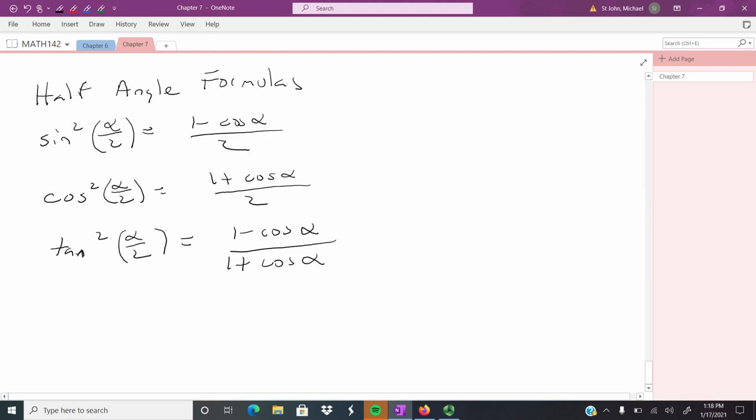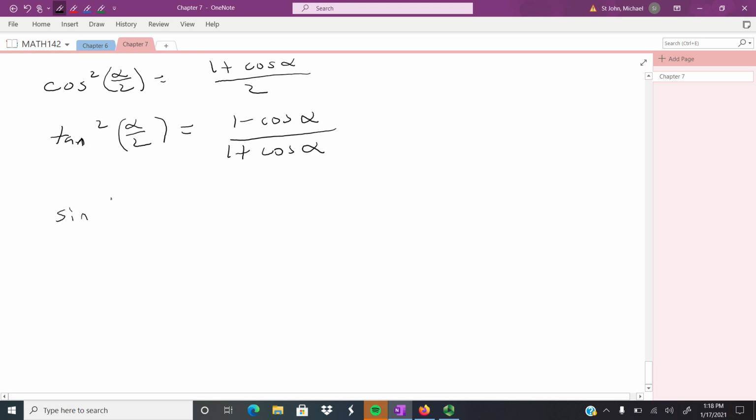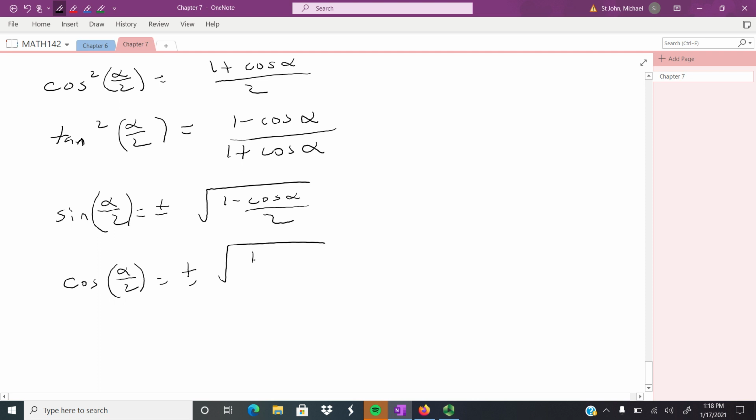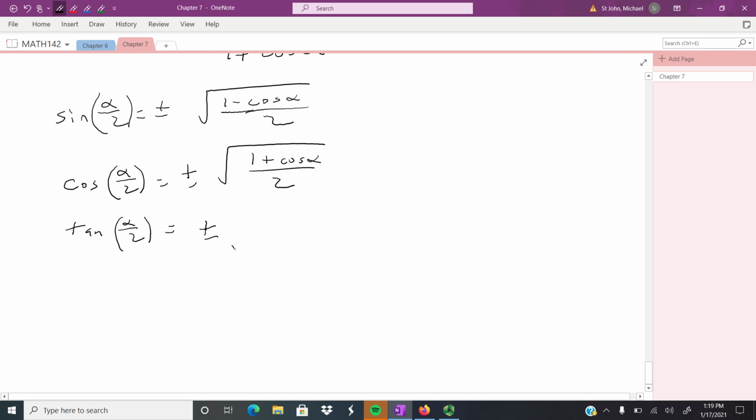And so you'll see that in the next set here, and that the sine of alpha over 2 is going to be plus or minus the square root of 1 minus cosine alpha over 2, and then the cosine of alpha over 2 is going to be plus or minus the square root of 1 plus cosine alpha over 2, and then the tangent of alpha over 2 is going to equal plus or minus the square root of 1 minus cosine alpha over 1 plus cosine alpha.